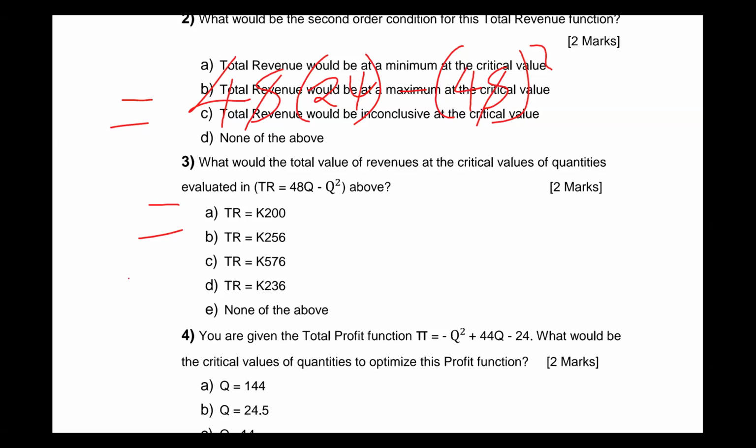48 times 24 is 1,152, minus 24 squared, which is 576.